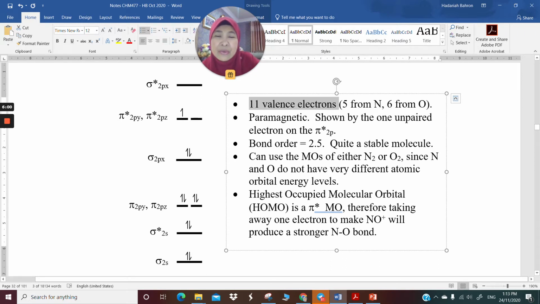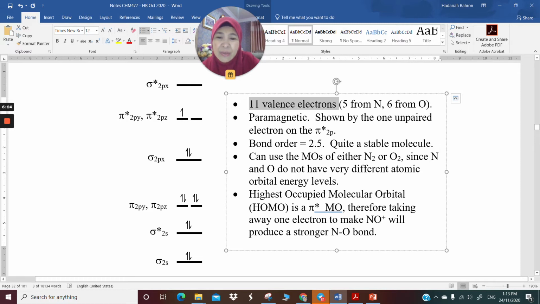Remember, when you are placing the valence electrons in the molecular orbitals, you start from the bottom first. At the lowest, you put in 1 and then you pair it up, because it is more favorable to pair the electrons here than to put another electron there.